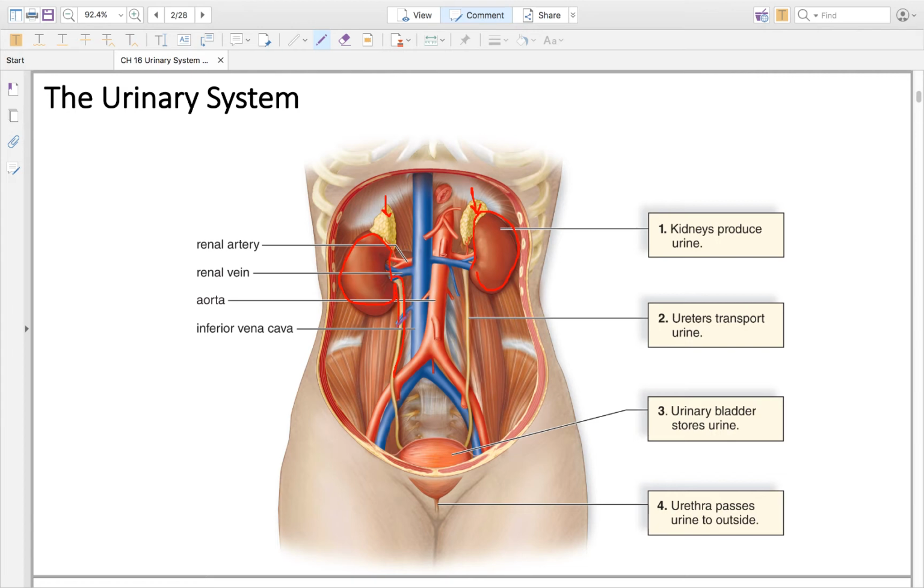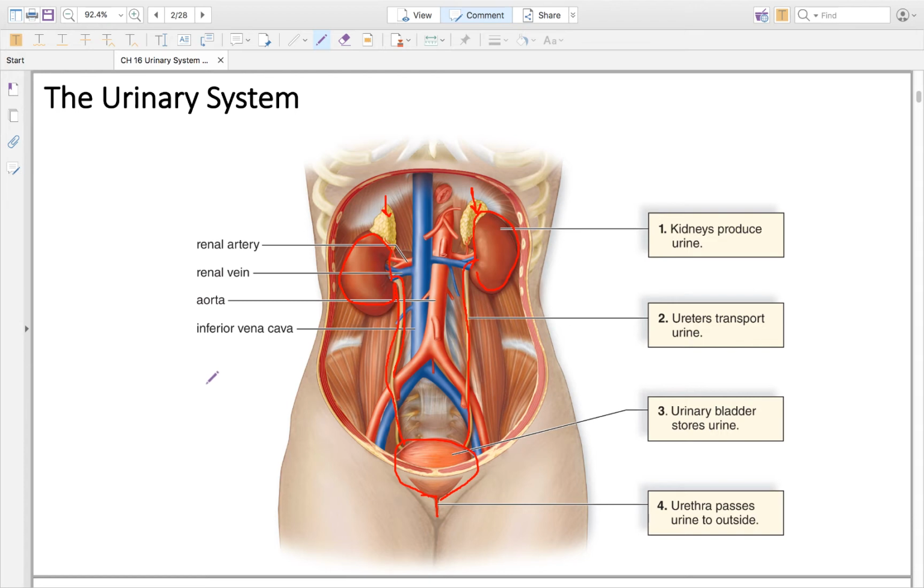You have two ureters that connect each kidney. From here, there's another ureter, and they're connected to the urinary bladder. And then the urinary bladder is connected to the urethra, which removes urine to the outside of the body.